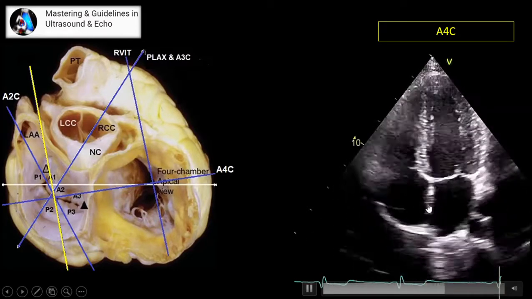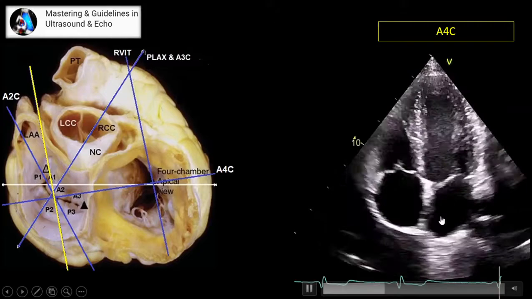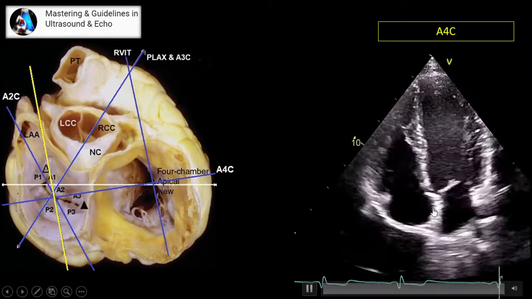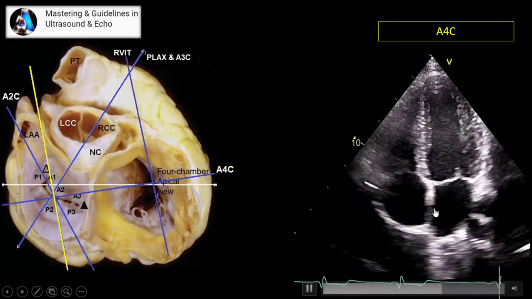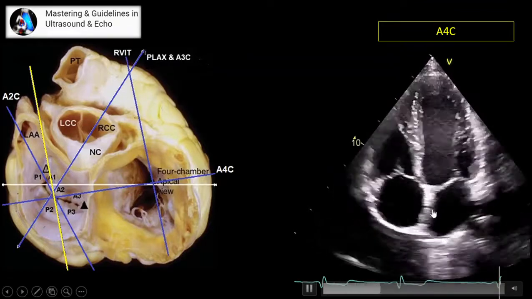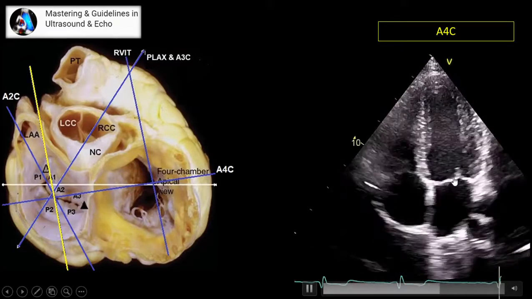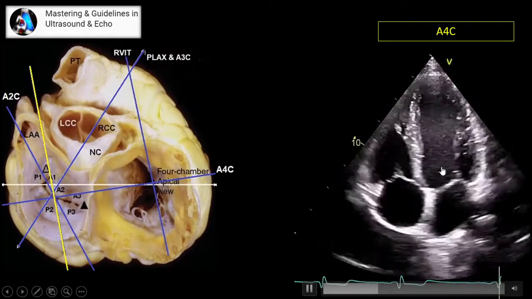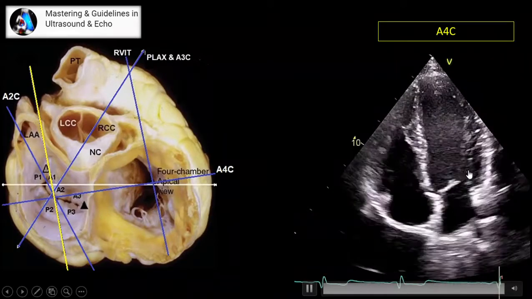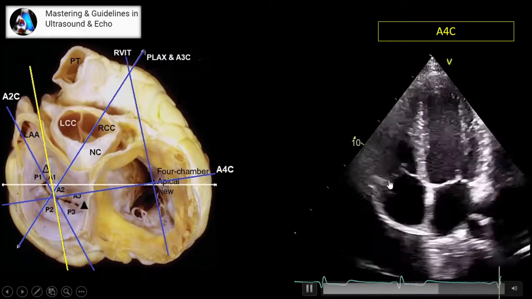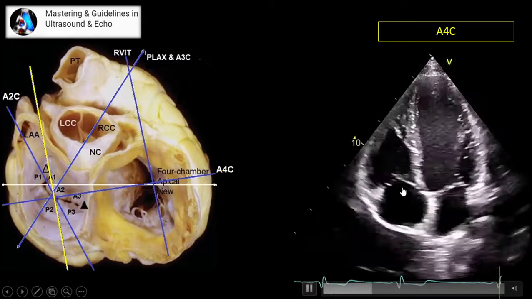Here we have the interatrial septum, and sometimes you see some part becomes completely thin; that will be the fossa ovalis. Here we have the mitral valve leaflets, anterior and posterior. Here we have the tricuspid valve.